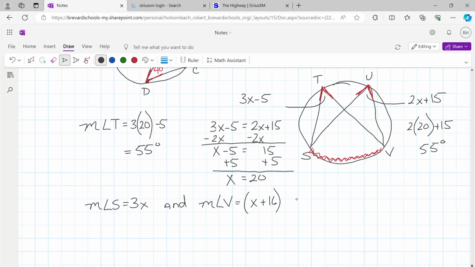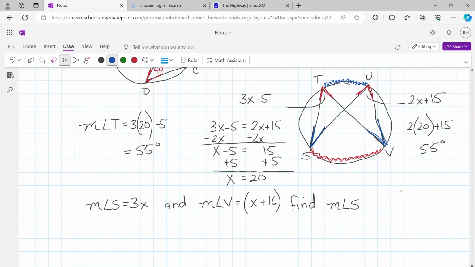Find the measure of angle S. So look what we've got here. We've got angle S and angle V. They both intercept arc TU. So we have two angles that intercept the same arc. If two angles intercept the same arc, then they're equal to each other.